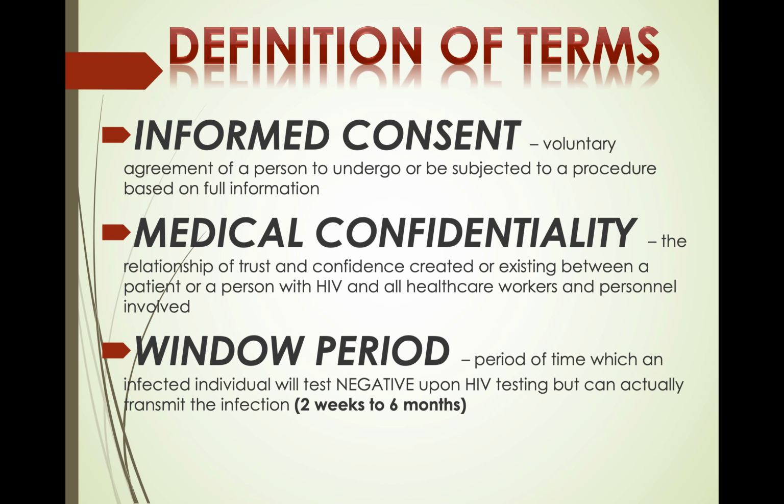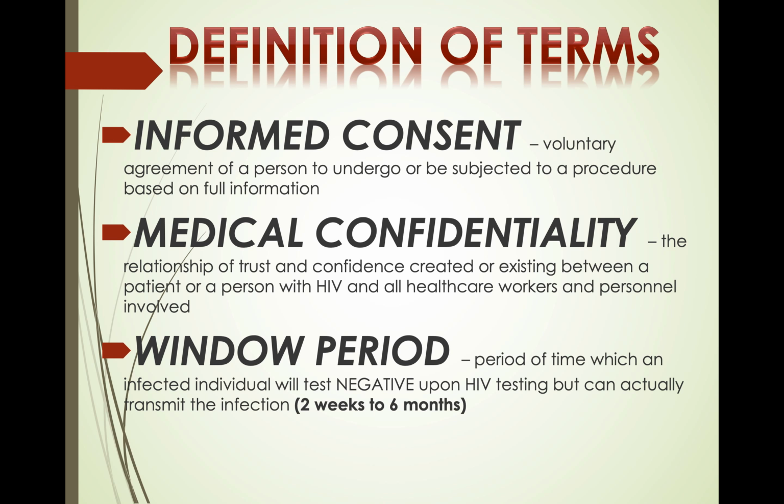Okay, so we also have your window period. So technically, a window period is when an infected individual will still test negative upon HIV testing, but can actually transmit the infection. This is around 2 weeks to 6 months after your exposure to HIV. So technically, this is when your body is already infected.